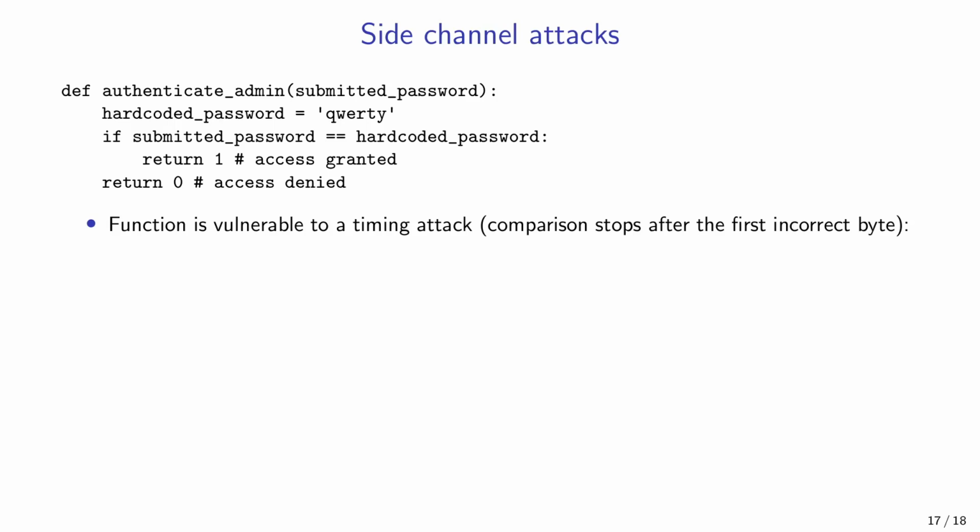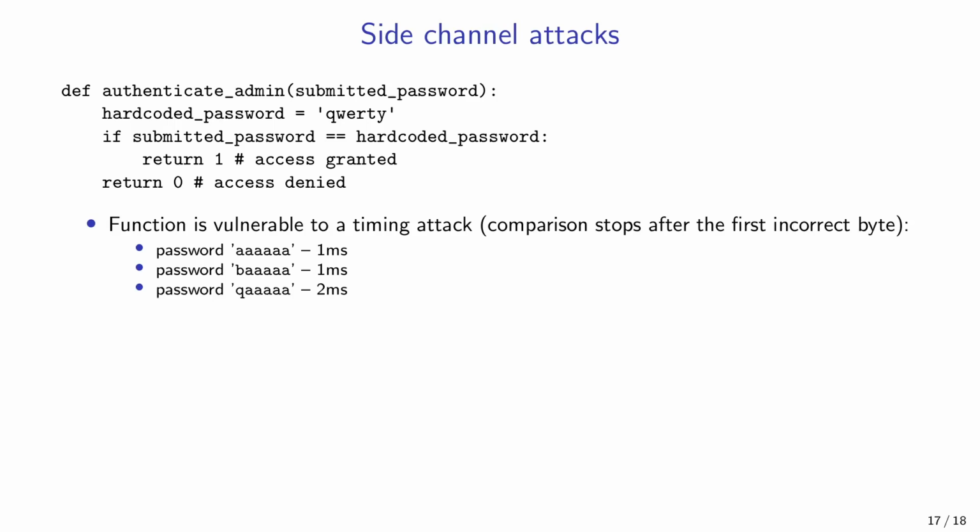Now, let's assume that we are running this code on a very slow computer, such that, let's say, one CPU instruction executes in 1 millisecond. Now, if we send the password AAAAA and measure how fast the access denied message is returned, we will obtain 1 millisecond. If we send the password PAAAAA, we will get the same 1 millisecond.